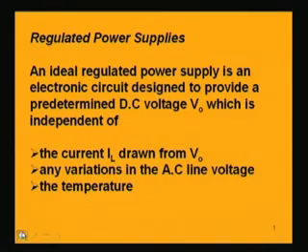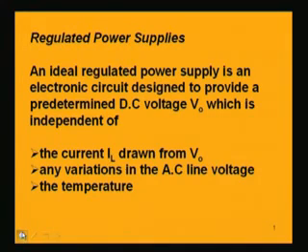Now this type of circuit which is used in regulated power supplies is an electronic circuit that is designed to provide a predetermined DC voltage. This DC voltage is independent of the current drawn by the load, and it is also independent of any variations in the AC line voltage and also any change in temperature.